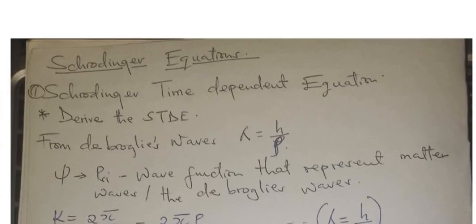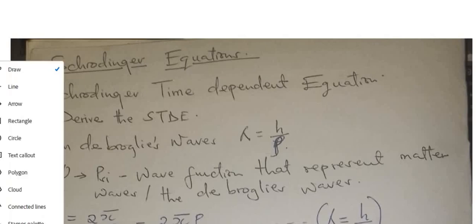Okay, this is the Schrodinger time-dependent equation, the STDE. This particular equation depends on the de Broglie wave equation, which is lambda equals Planck's constant all over momentum. Then there's psi, which is the symbol for the wave function.